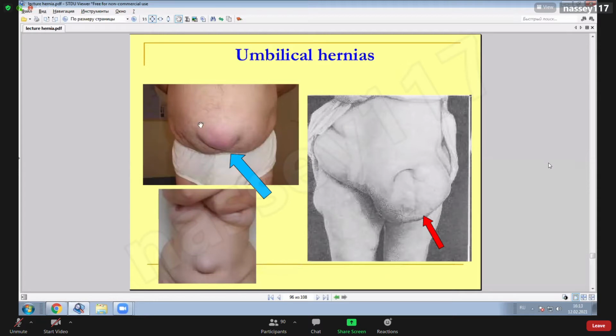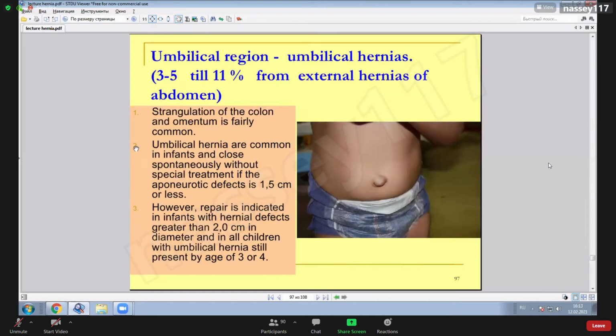Umbilical hernias are demonstrated in these pictures. Strangulation of the colon and omentum is fairly common. Umbilical hernias are common in infants and close spontaneously without special treatment if the aponeurotic defect is 1.5 cm or less.